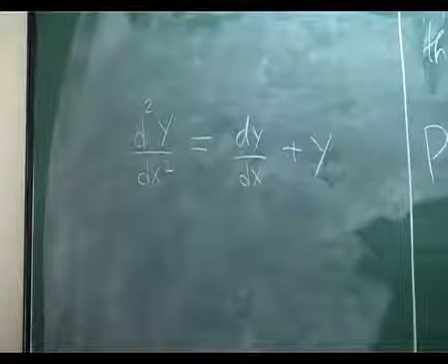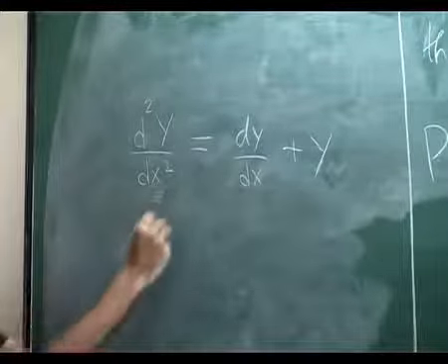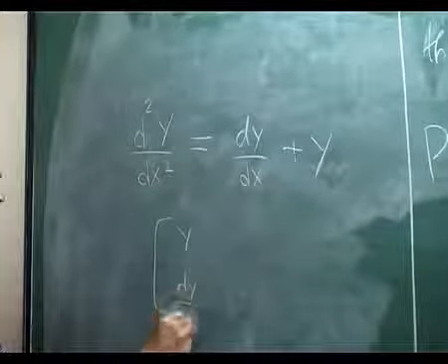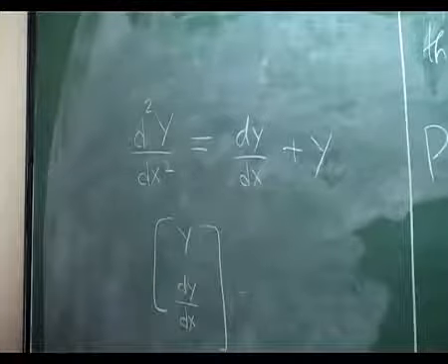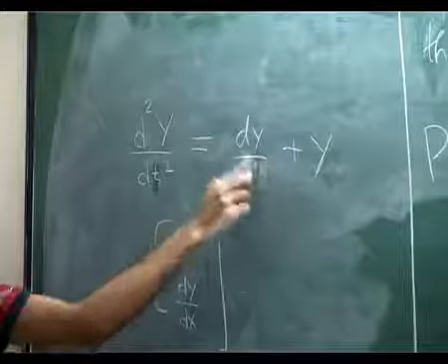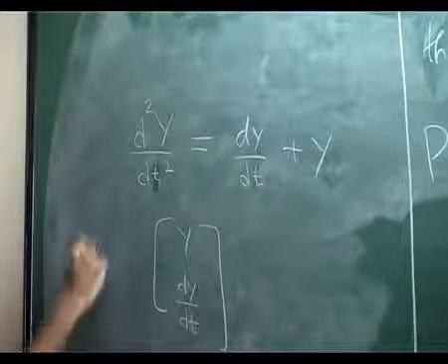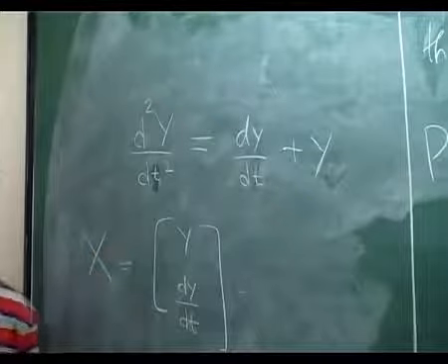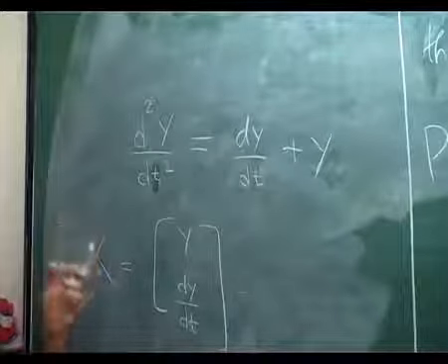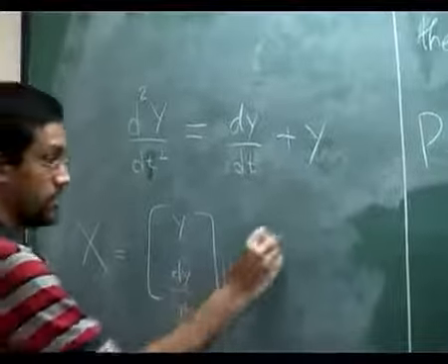Now an analogous way of thinking about this is similar. Instead of x, maybe I'll call my variable t so that I can use x for my vector. So you define capital X to be the vector consisting of two components. First component is the function y, the second component is its derivative. Okay. Now what is the derivative of this vector?